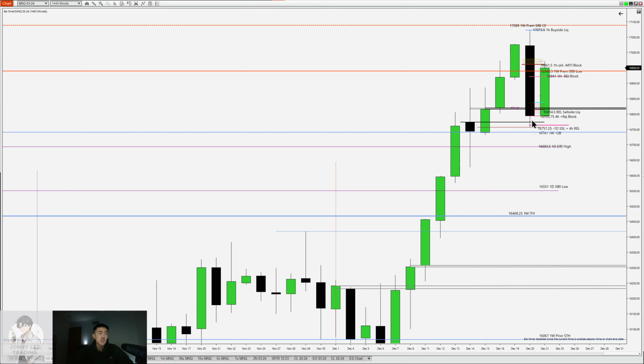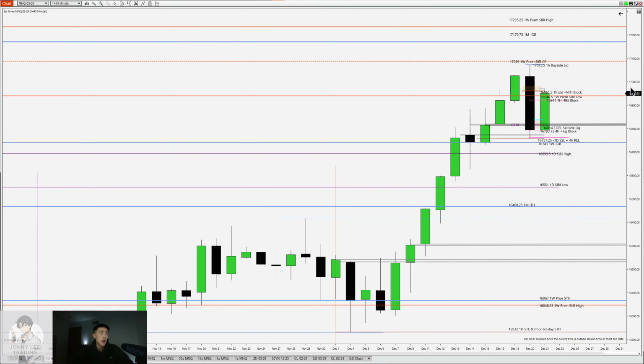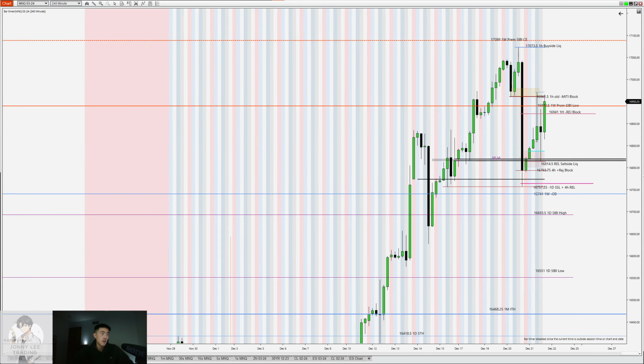In the morning, we did see that supported. And what happened the rest of the day? We ended up coming all the way back up. Our draw on liquidity was still all up here, that 17,089 weekly imbalance there. I think that we can still draw up there, and we might see evidence of that shortly.